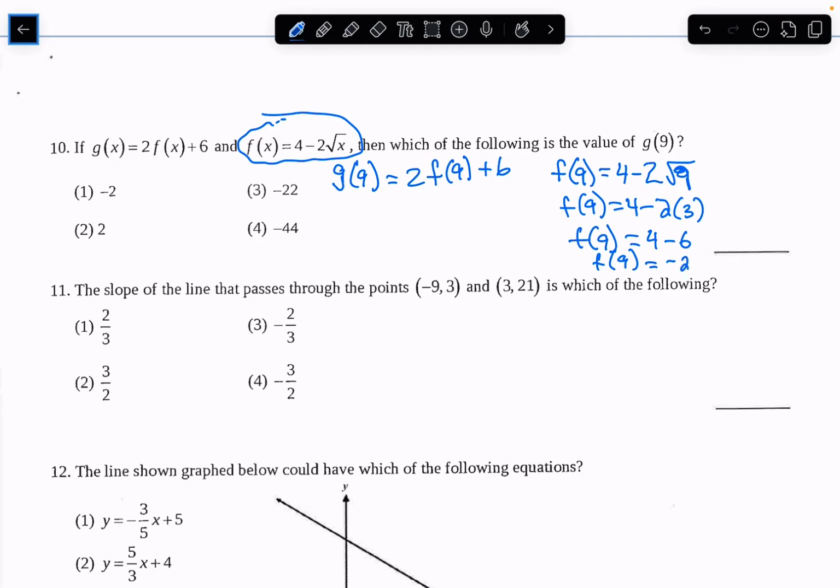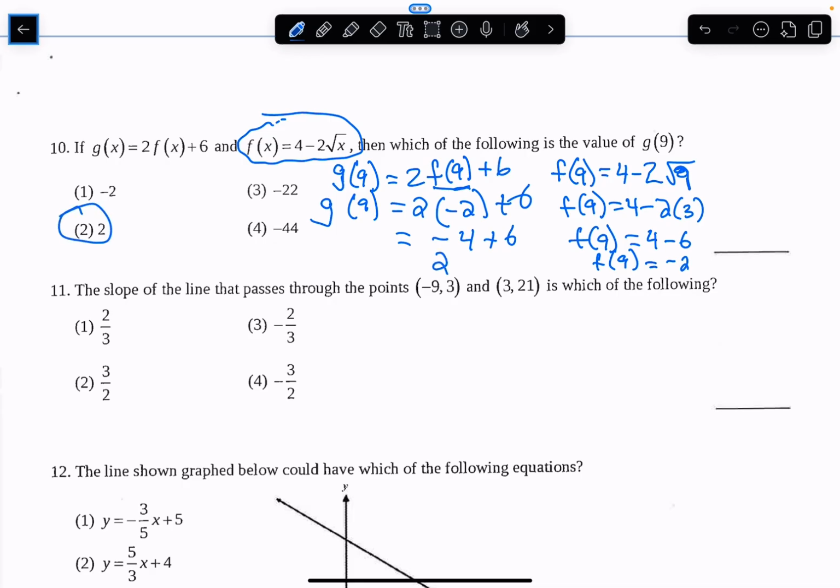So now we could take this g function and plug in that f of 9 is equal to negative 2. So here we have 2, and we're going to replace this with negative 2. So it's 2 times negative 2 plus 6, which is equal to negative 4 plus 6, which is 2. So this is choice 2.